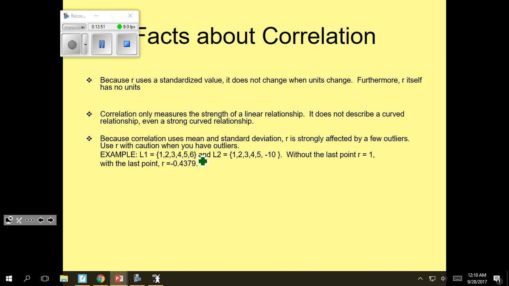And then I got to 6, negative 10. Without that last point, correlation's 1. But when I throw that last point in there, look at the correlation. Not only is it way away from 1, it's actually negative now because it was strongly affected by that outlier, because it's based on things that are non-resistant.